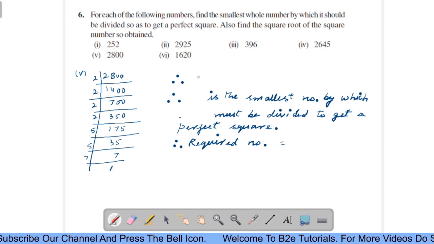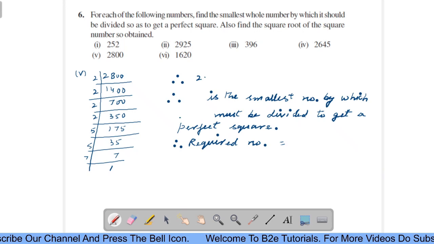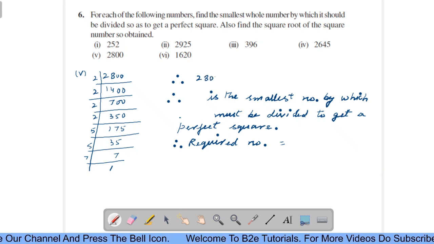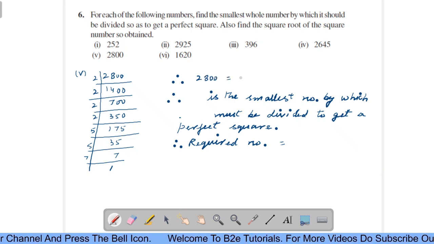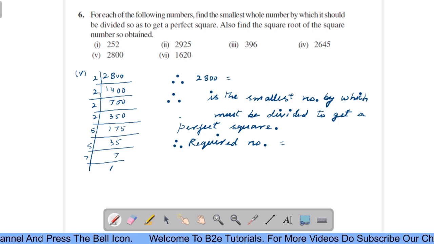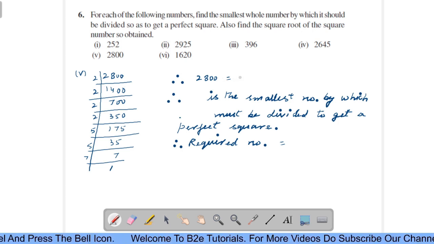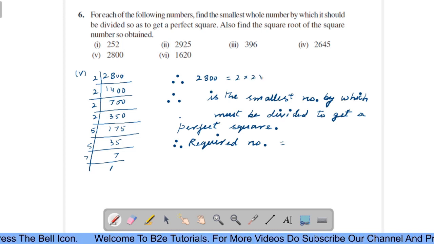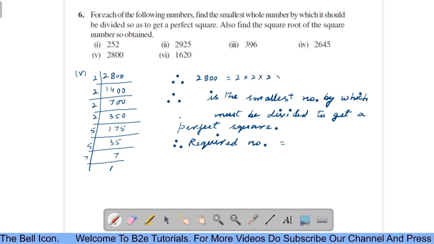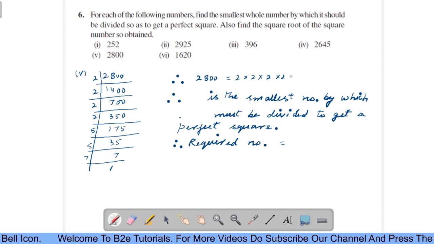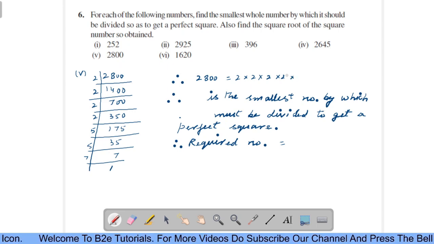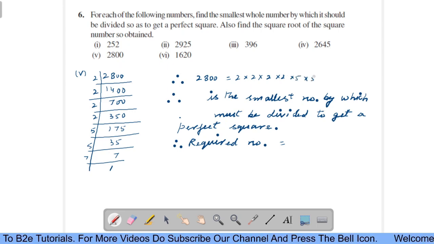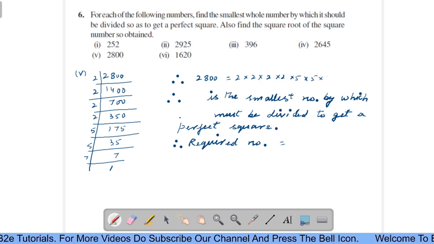Therefore 2800 can be written as 2 into 2 into 2 into 2 into 5 into 5 into 7.